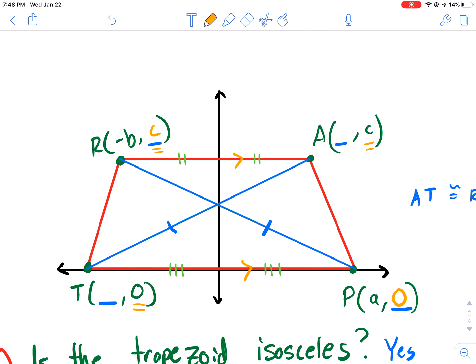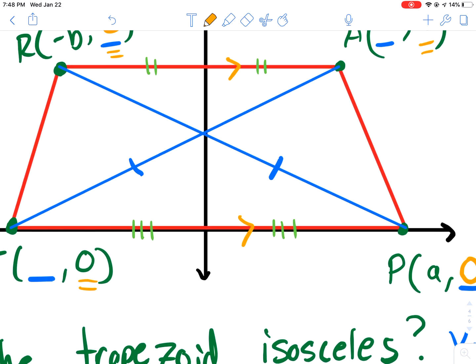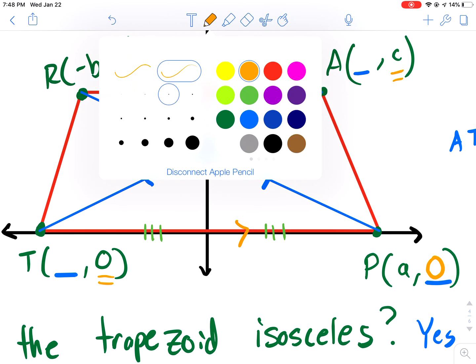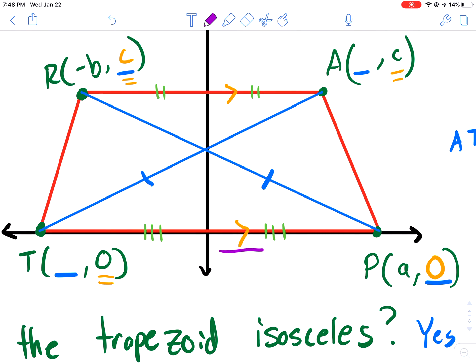Not much harder is figuring out the other coordinates of this trapezoid. So we know this distance is A, okay? And because it is equidistant on both sides, we know this distance is also A. But it's going in the negative direction.